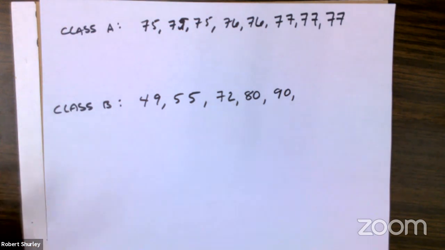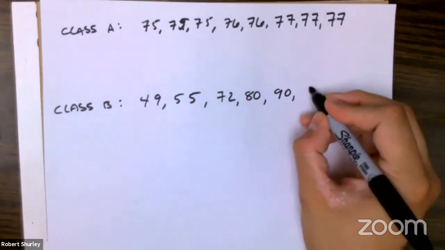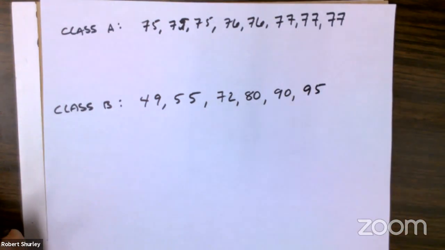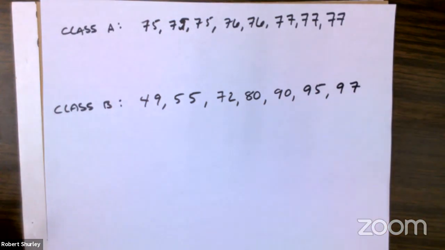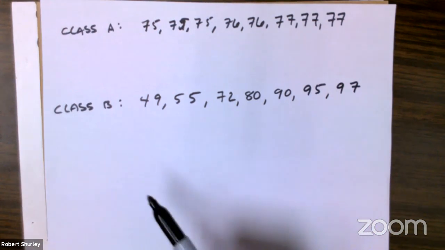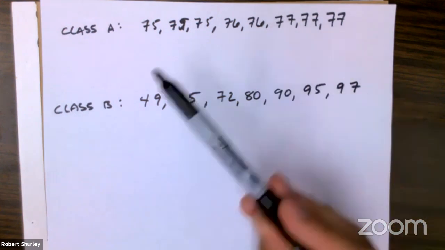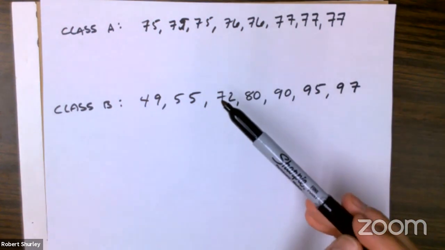One, two, three, four, 5. And I've got a 95. Six. And let's say I've got a 97. Okay, so we've got these two classes, and we've got really two completely different scores, right?